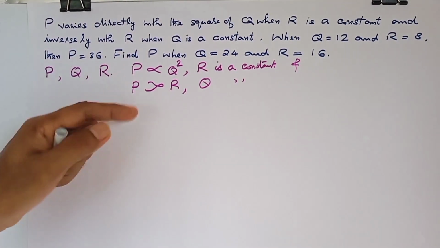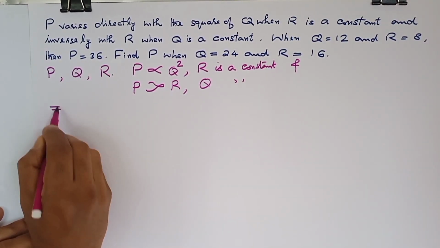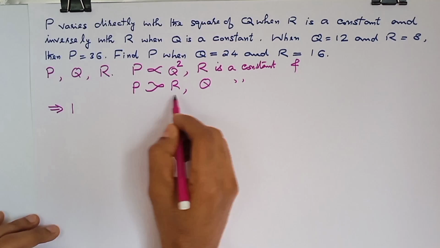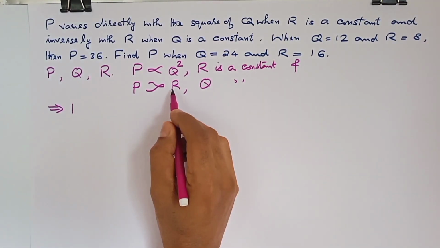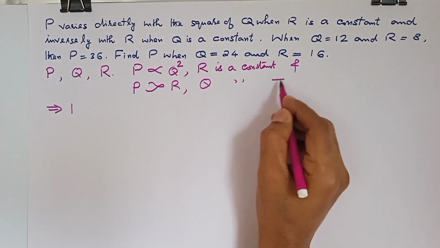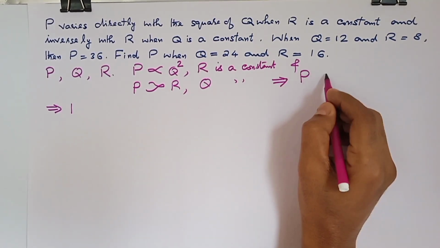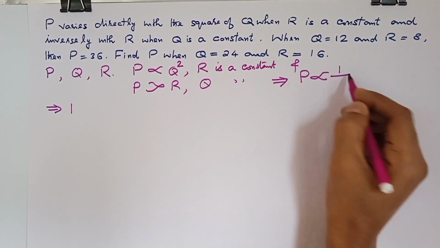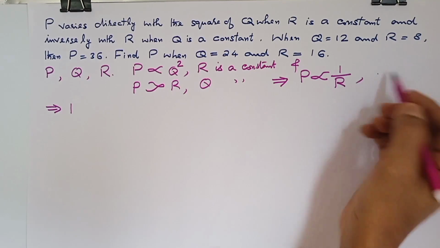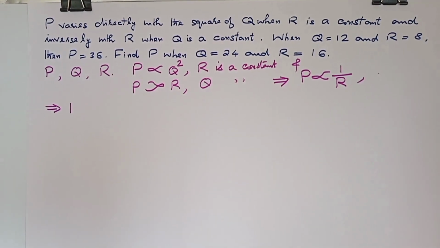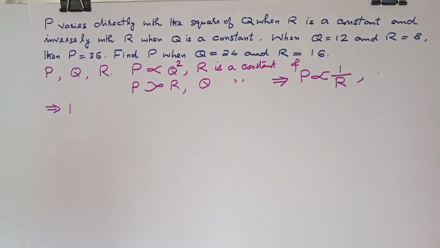Now in joint variation you can combine these two. Before that, P varying inversely with R means what? P varying directly with the reciprocal of the variable R. Now you have P varying with Q square and P again varying with 1 by R.